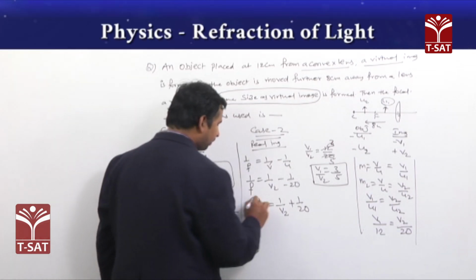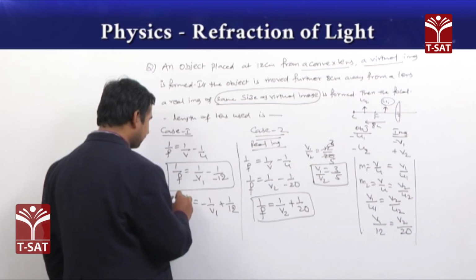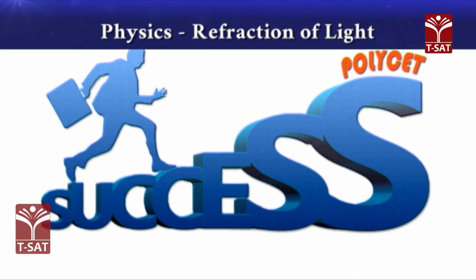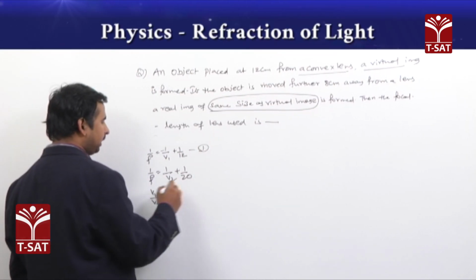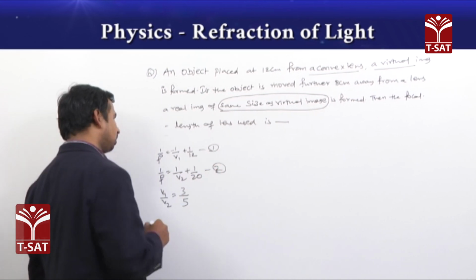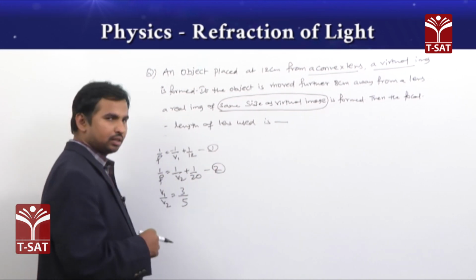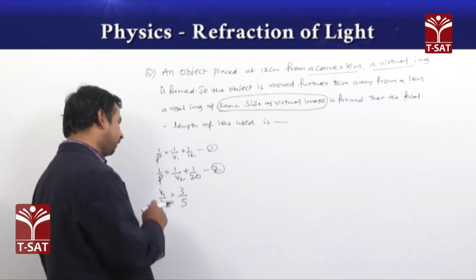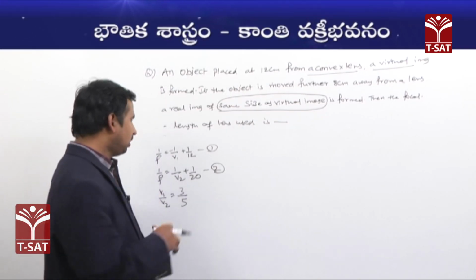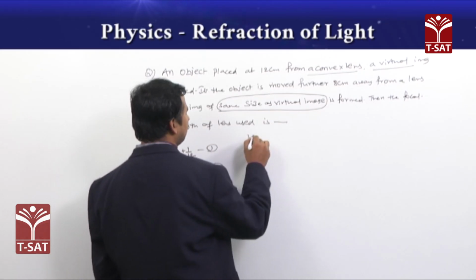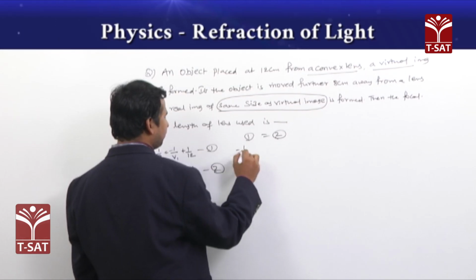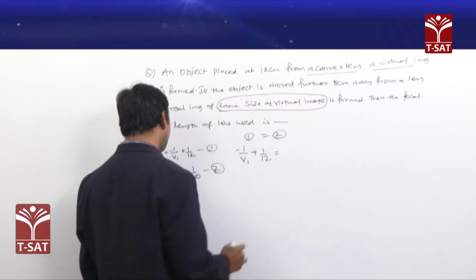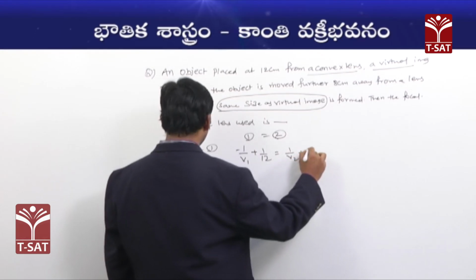This is the second case for 1 by F, and this is the first case for 1 by F. So from case 1 we got 1 by F is equal to minus 1 by V1 plus 1 by 12, and from case 2, 1 by F is equal to 1 by V2 plus 1 by 20. And the relation between V1 and V2 is 3 by 5. Now if you equate 1 and 2, minus 1 by V1 plus 1 by 12 is equal to 1 by V2 plus 1 by 20.